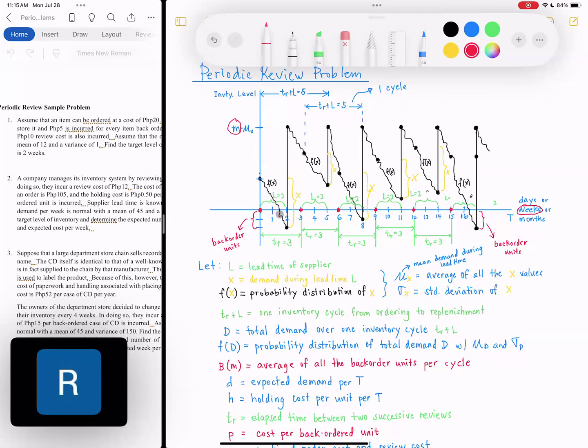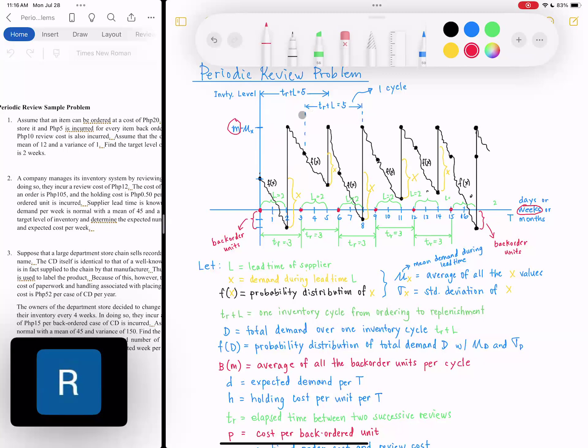And this probability distribution will have a mean which is known as mu of X, okay? So therefore, whatever this mean is, your highest point of inventory will be your target inventory level minus the mean of the demand while you're waiting for that inventory order to arrive. Okay? So any questions so far?